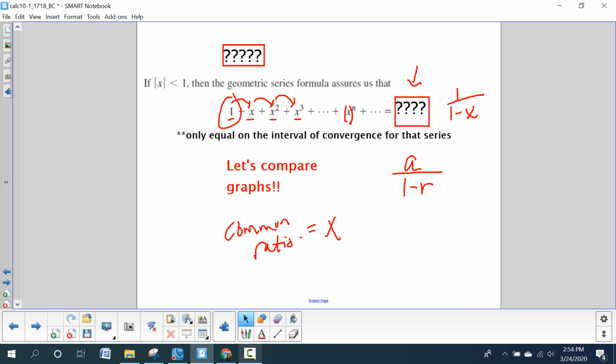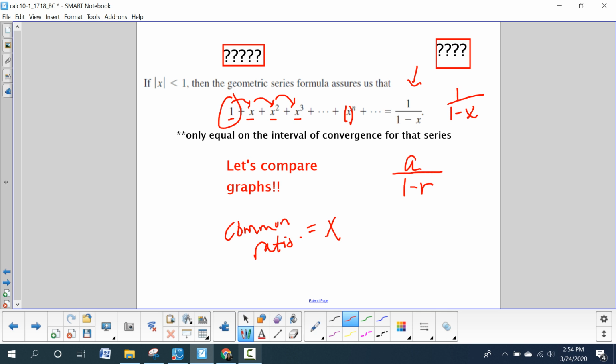So the function that this converges to is 1 over 1 minus x. You've got a rational function there. So 1 plus x plus x squared plus x cubed plus ... always converges to the rational function 1 over 1 minus x, but only for values where, as we said, a geometric series only converges for the absolute value of r less than 1. So that would be for the absolute value of x less than 1, correct?